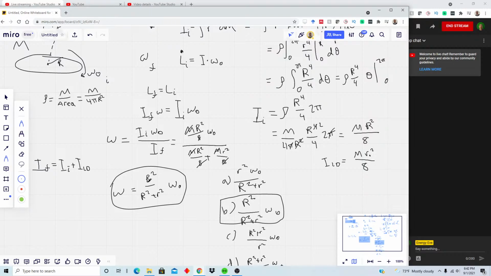That makes sense, right? If you have r squared over r squared plus r squared, then this is one half of the original angular frequency.